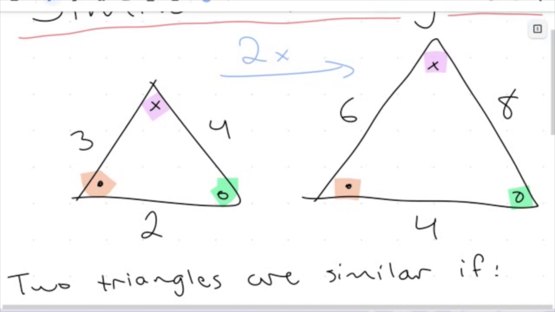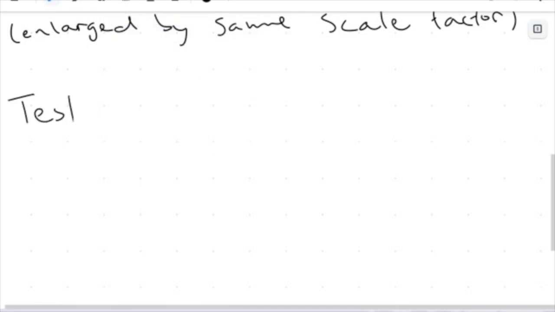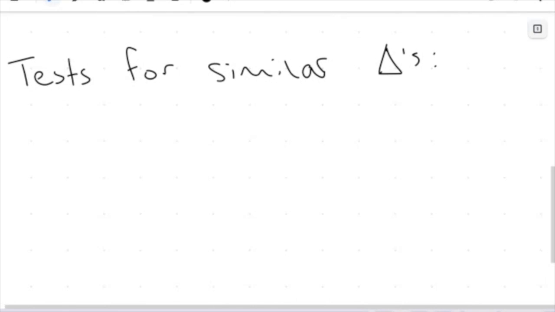Now, like congruence, we have a lot of tests for similar triangles, which we're going to talk about now. Tests for similar triangles. A lot of these are similar to congruence, but we don't want to confuse the two of them here.